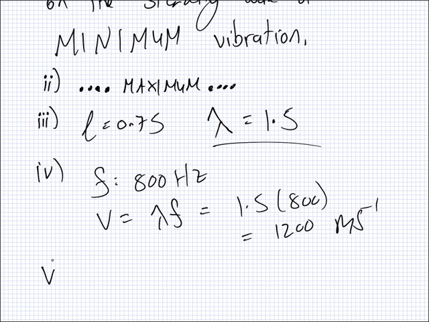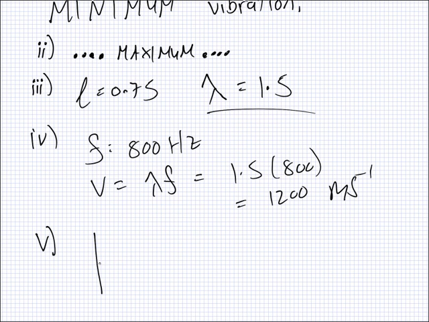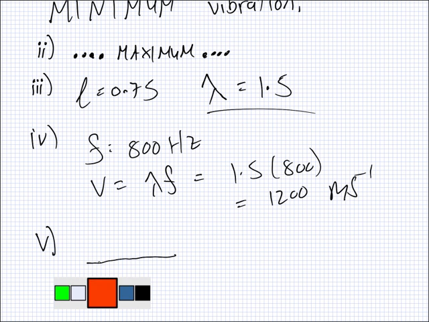Determine the frequency of the second harmonic of the string. Okay, so the second harmonic would look like this. So that was the first harmonic, and the second harmonic would be this, wouldn't it?